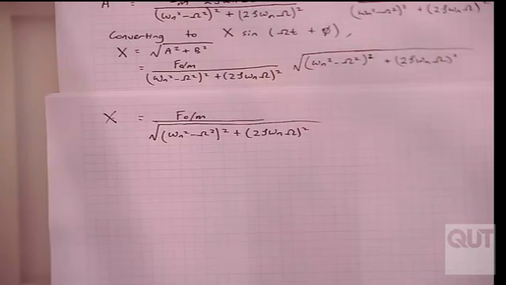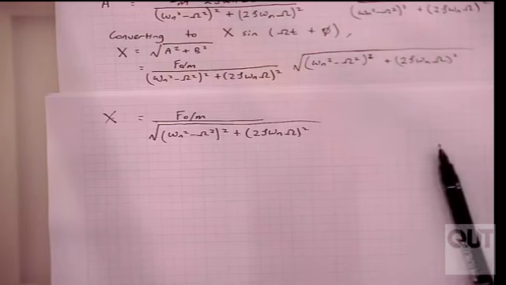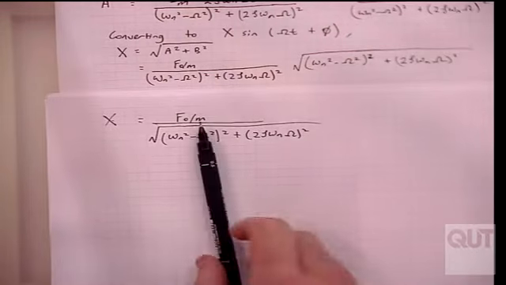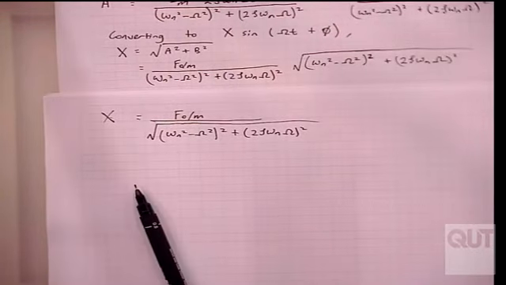Now you'll notice that this equation looks slightly different to the one I presented on the slides earlier. On the slides, and in textbooks and your lecture, instead of having mass in this equation, they like to have the spring constant, K, in the equation instead.